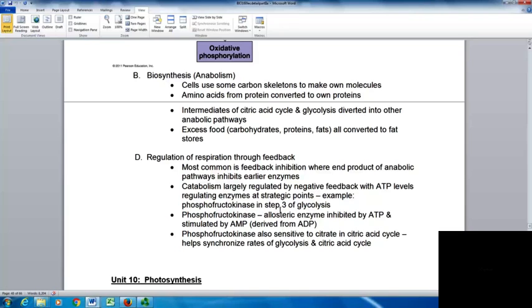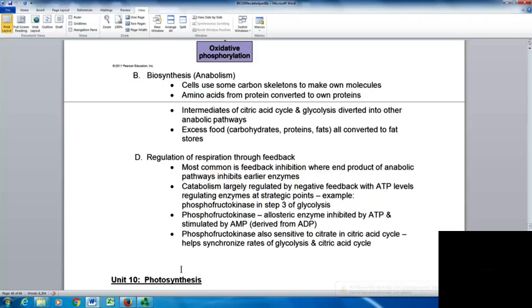Step 3, where you can inhibit phosphofructokinase. That can be sensitive to citrate in the citric acid cycle and help to synchronize the rates of glycolysis and the citric acid cycle so that you're not having one cycle go significantly faster than the others.